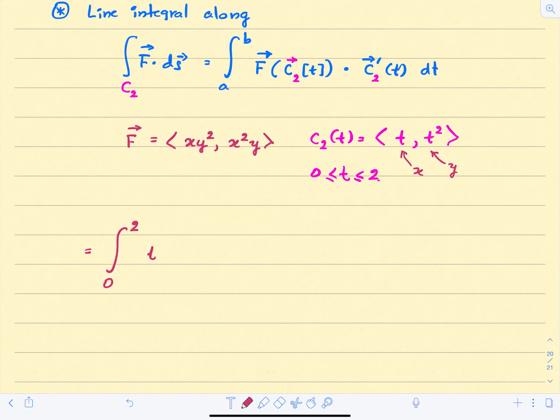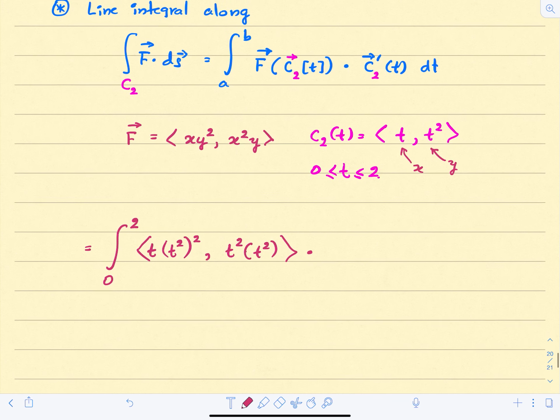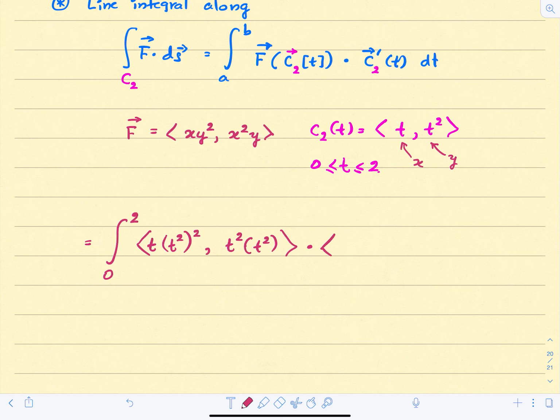So x is t, y is t squared. So we have t times t squared squared, comma, t squared times t squared, dot C2 prime, which equals 1 comma 2t, dt.